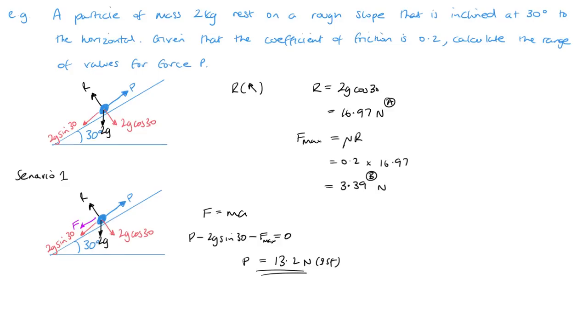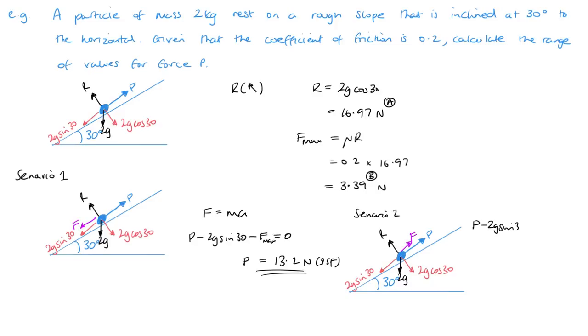Now for scenario 2. So in scenario 2, F acts up the slope. So this time I've got P minus 2g sine 30 but plus that F equals 0. So P equals 2g sine 30 minus F in this case.